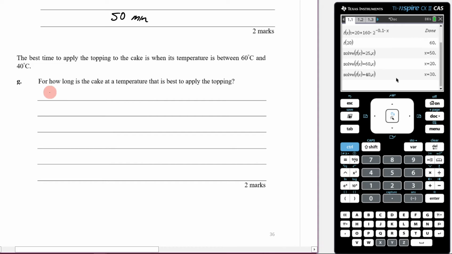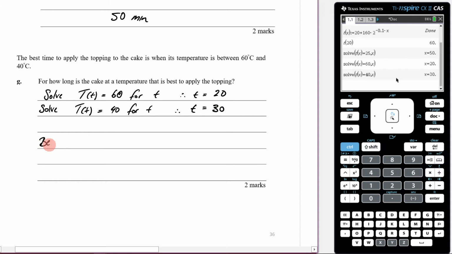So what we've done here is we have solved T of T is equal to 60 for T. Therefore, T is equal to 20. And we have solved T of T is equal to 40 for T. T is equal to 30.